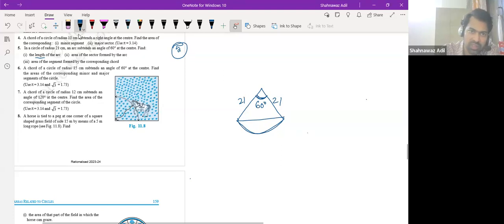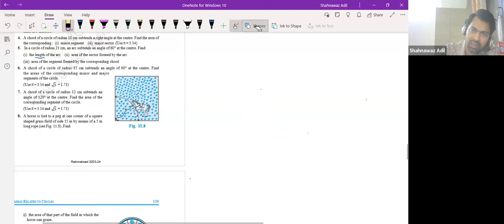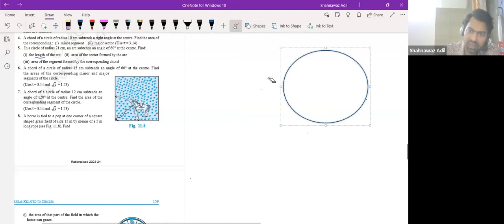What we can do is, in the first place, draw the circle, and then we can draw the arc. This is the arc, and it is making an angle of 60 degrees. This is 21, this is 21.